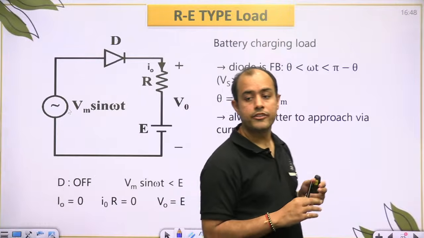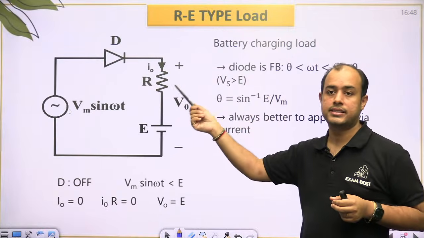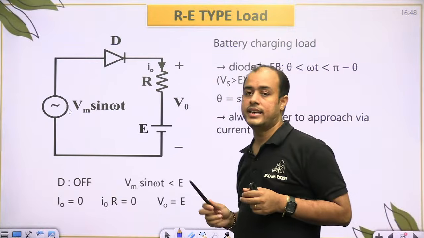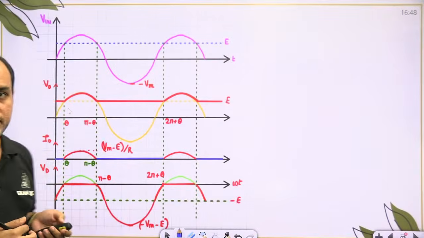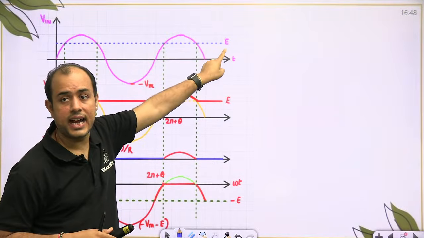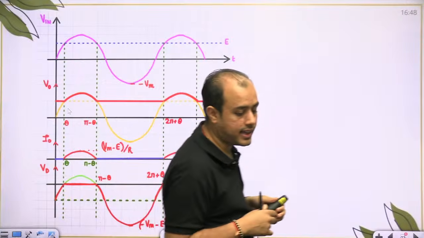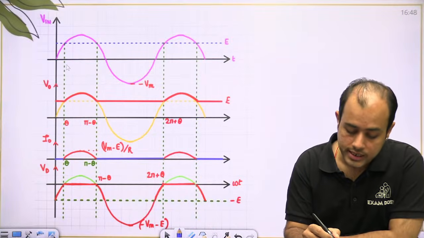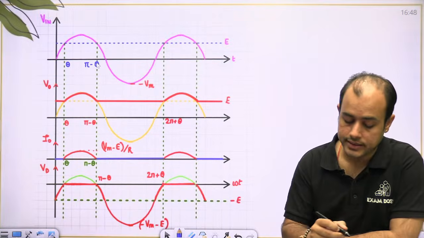Now listen. From theta up to pi minus theta, my diode is forward biased, and in an RE load, it is always better to approach via current. पहले मैं waveform दिखाता हूँ. देखिए, this line is E, so E is intersecting the supply voltage at 2 points, theta and pi minus theta.